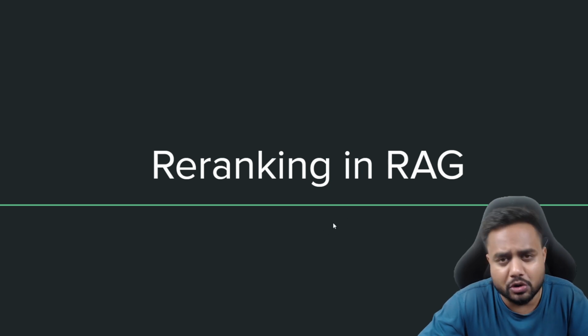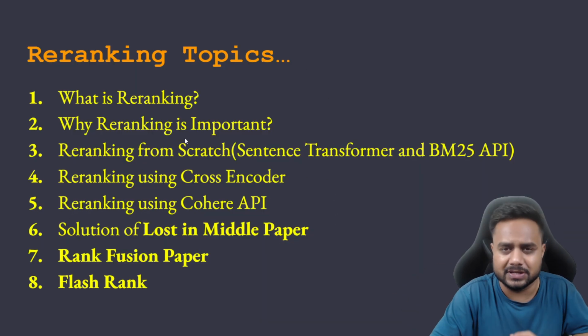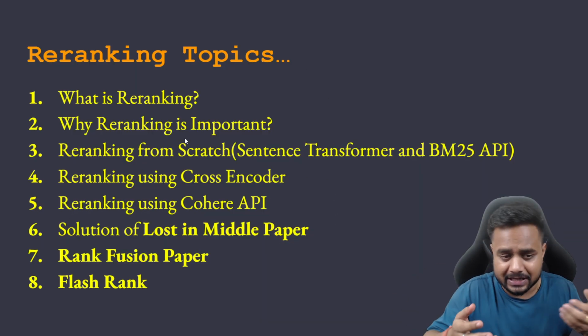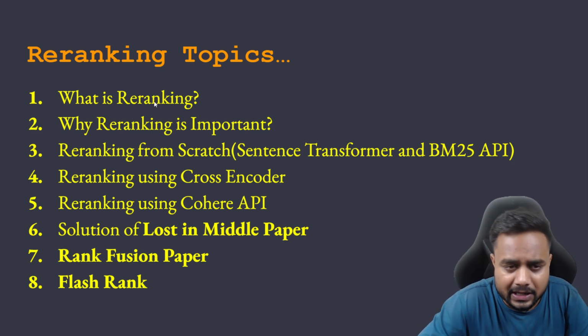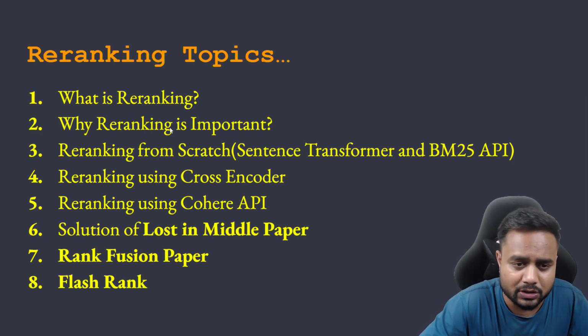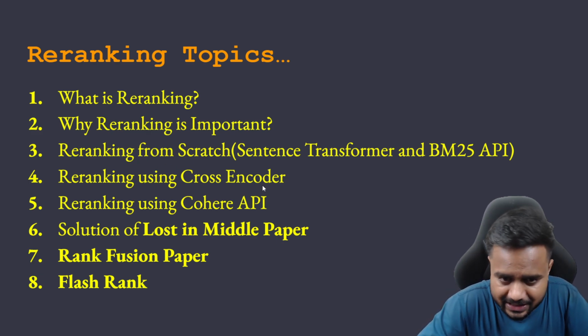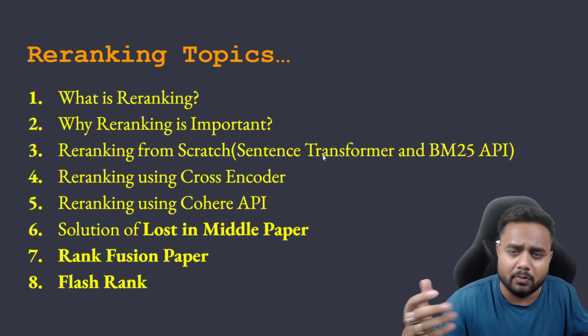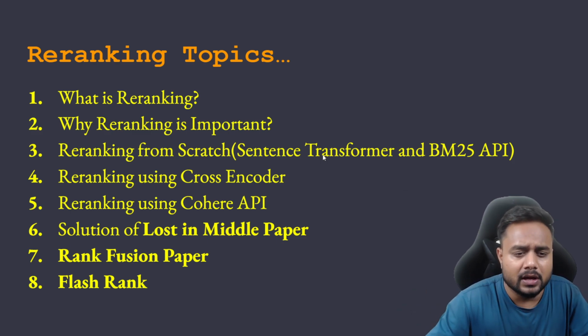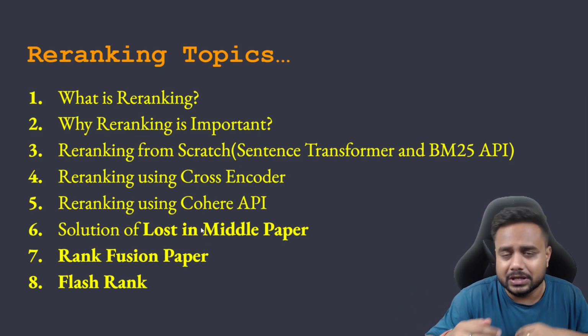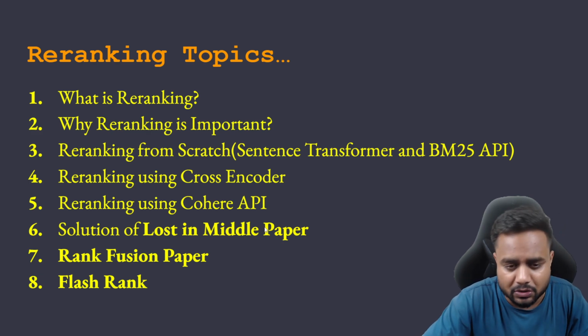First of all, let me show you the complete syllabus which I covered in recent days. I started with re-ranking. Then I explained the importance of re-ranking. Then I discussed re-ranking from scratch using the sentence transformer and the BM25 API. Then I discussed re-ranking using cross-encoder and the Cohere API.